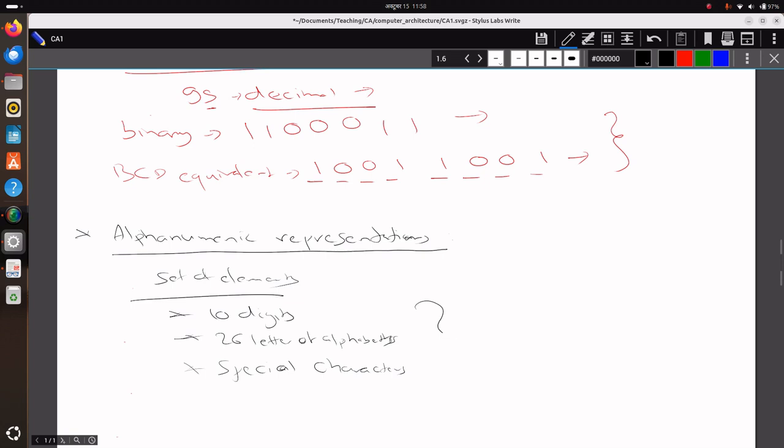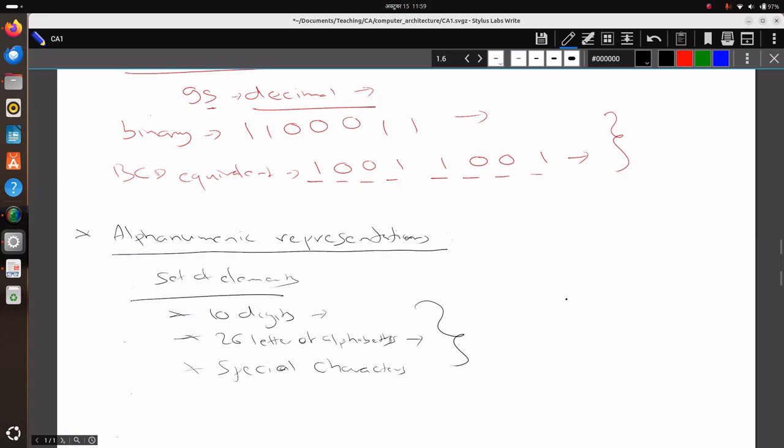So an alphanumeric character set is a set of elements that contains 10 digits, basically from 0 to 9, 26 letters of the alphabet, all in lowercase right now, but if you also consider uppercase, this is going to be 52 letters of the alphabet, and some special characters. Such a set contains between 32 and 64 elements if only the uppercase letters are included, or between 64 and 128 elements if both uppercase and lowercase letters are included.